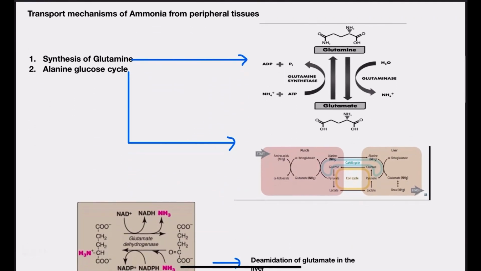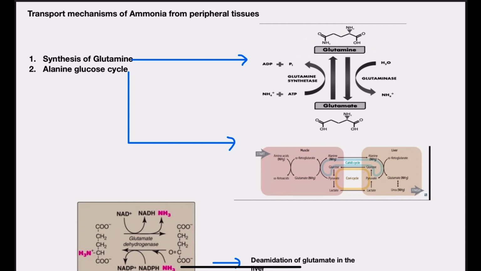Now that we have generated free ammonia from peripheral tissues such as muscles, we can shunt this free ammonia and incorporate it into the urea cycle and finish things off. The first factor to discuss is synthesis of glutamine. We have glutamate formed in these transamination reactions, and when we incorporate ammonia with it, we can form glutamine right here.